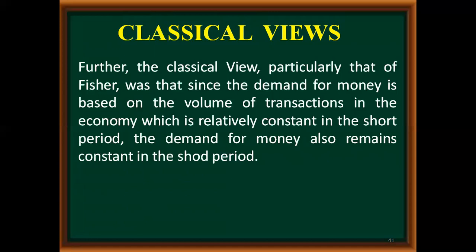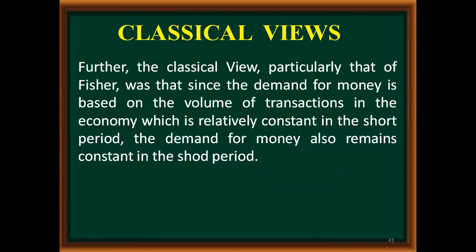In the view of Fisher, since the demand for money is based on the volume of transactions in the economy, which is relatively constant in the short run, that means the volume of transactions remains more or less the same in the short run, the demand for money also remains constant in the short run.